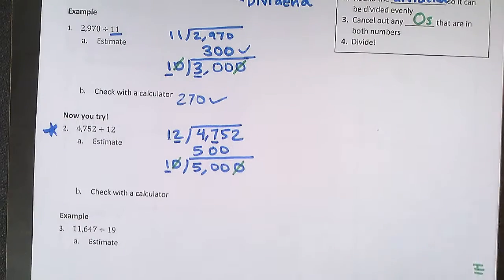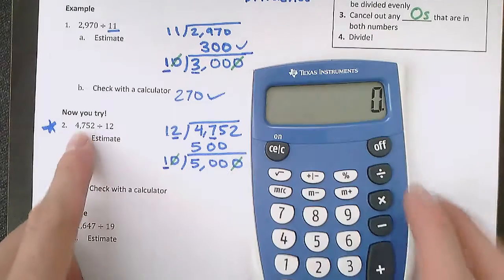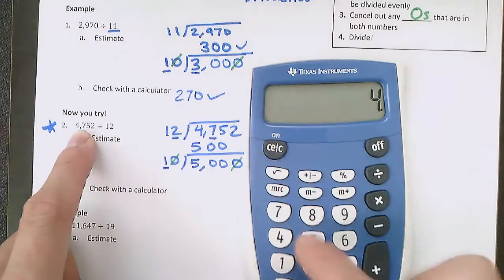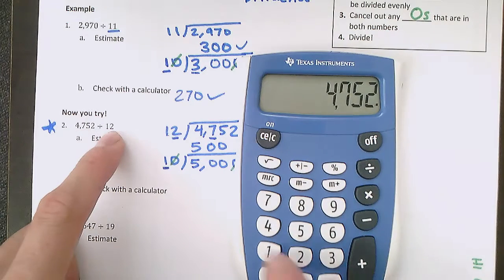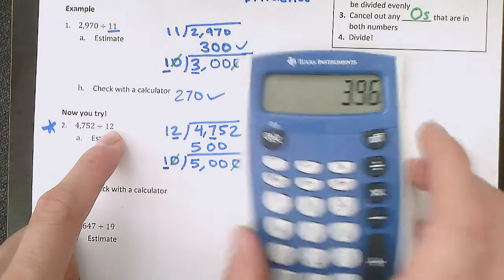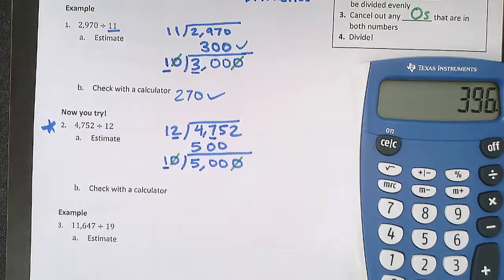Let's check it with a calculator. 4,752 divided by 12 is 396.